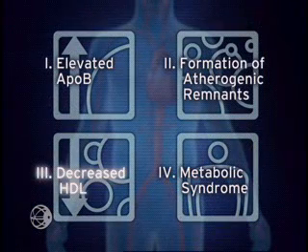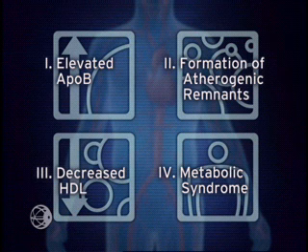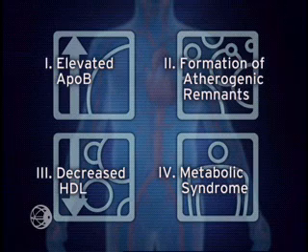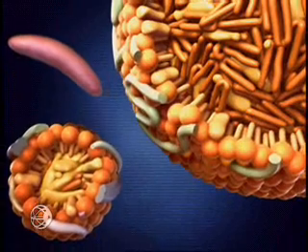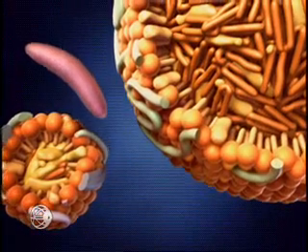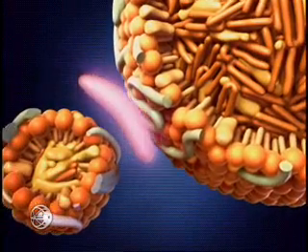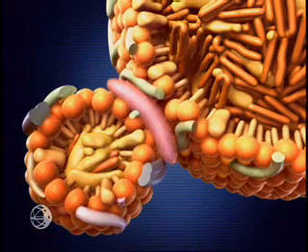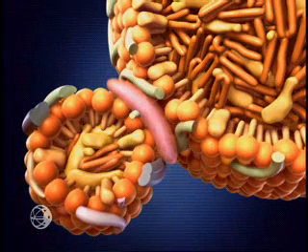Decreased HDL may occur independently, but more often it is associated with elevated triglyceride-rich ApoB particles, as in atherogenic dyslipidemia. The presence of triglyceride-rich ApoB remnants facilitates CETP-mediated exchange of triglycerides with HDL's cholesterol esters.